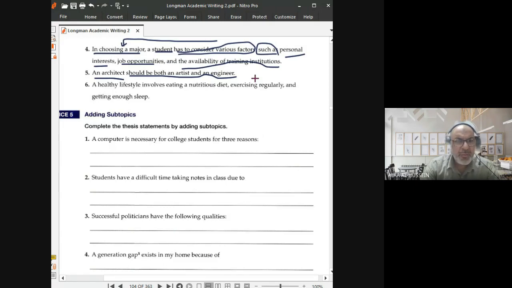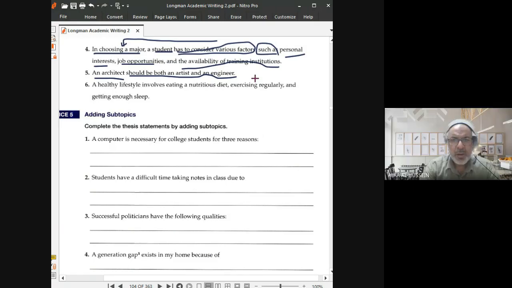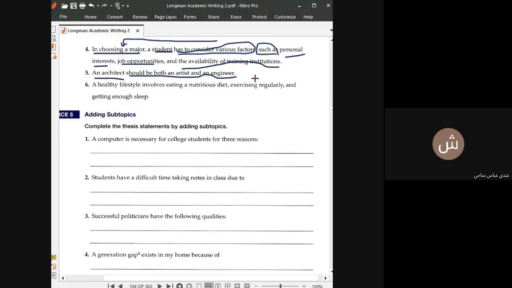Shada Abbas, what do you say? Yes, doctor. The topic is an architect, and should be both an artist and an engineer, the rest of the sentence, is all the controlling idea, and the subtopics are an artist and an engineer.